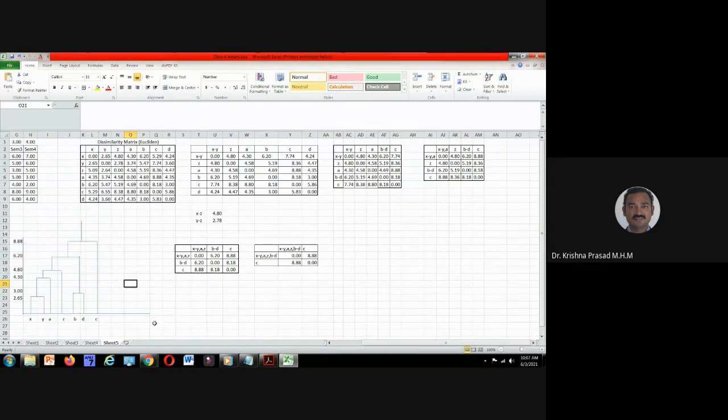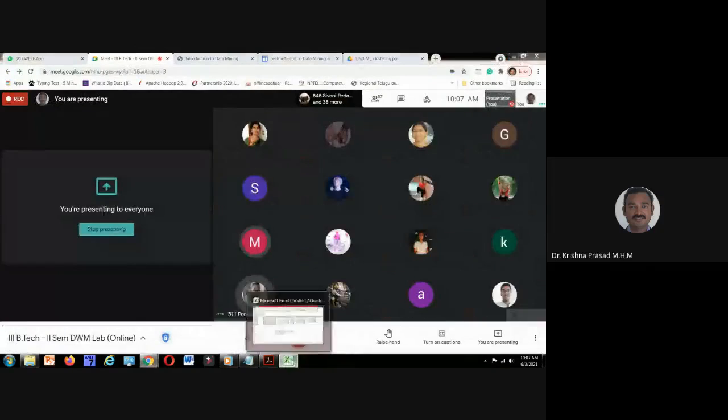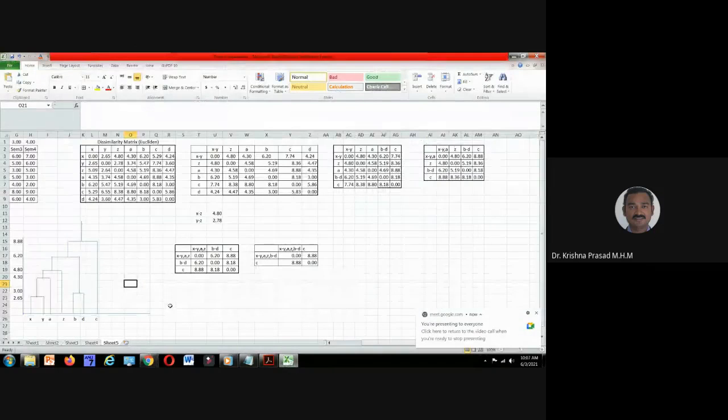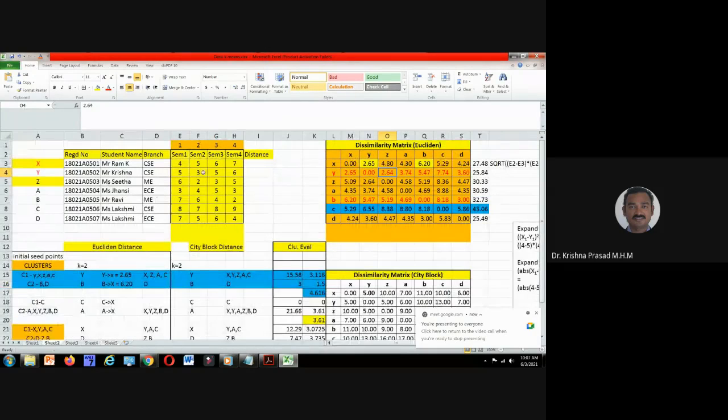Please observe this. Are you able to hear my voice? Yes, sir. Finally, this is called the dendrogram. What is the advantage here? Please compare. In last class, previously, we built k-means clustering. The dissimilarity matrix is only one.